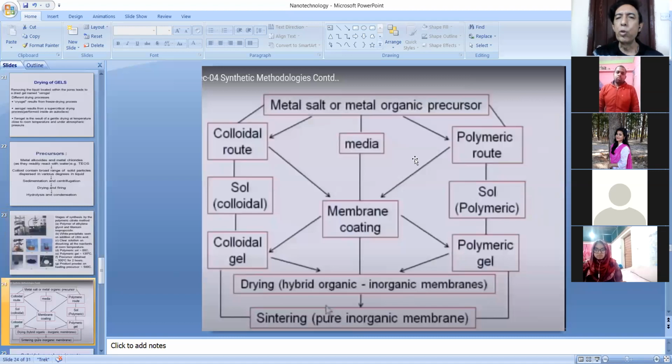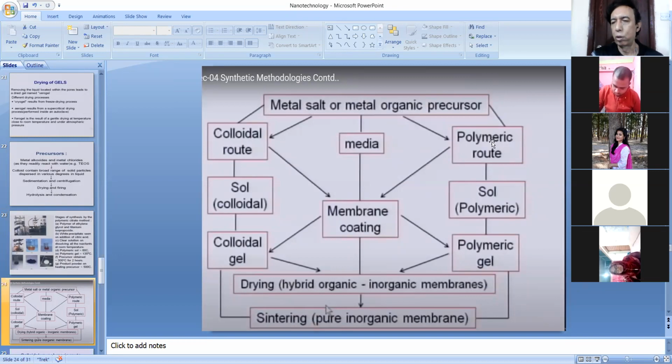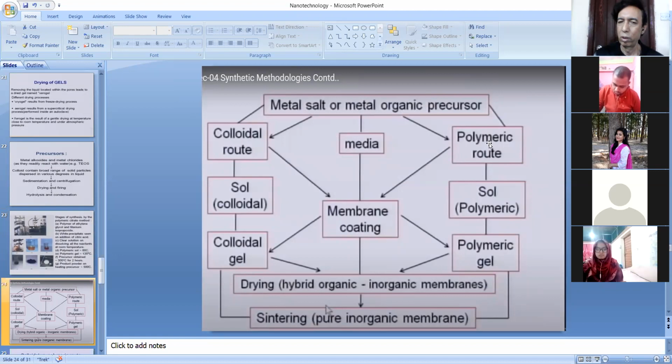So there are two routes. One is the colloidal route, which we have discussed previously, and one is the polymeric route, which we have discussed now. There are two routes to form a gel. In the polymeric route, you will get a polymer sol and a polymer gel.